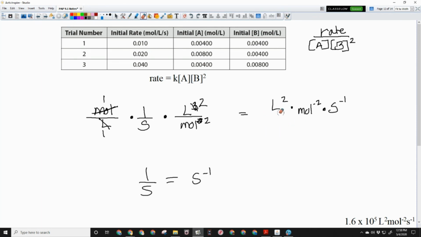We have liters squared times moles to the negative 2 times seconds to the negative 1. So if I just rewrite that without having these multiply signs in here, I'm going to have liters squared moles to the negative 2 S to the negative 1. Okay, and that matches what we have for our answer.